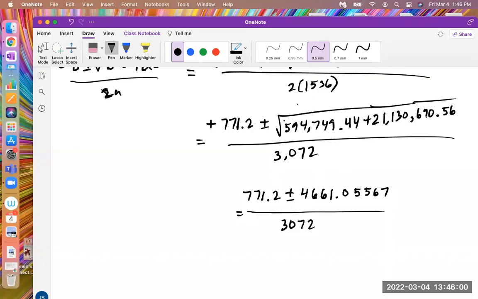All right, so I put all of this underneath and added these two big numbers. When I did this in the calculator, I clicked on the square root symbol, then put open parenthesis, then those numbers added together, and then closed the parenthesis, and I got 4,661.05567. That is the answer when I did this square root.